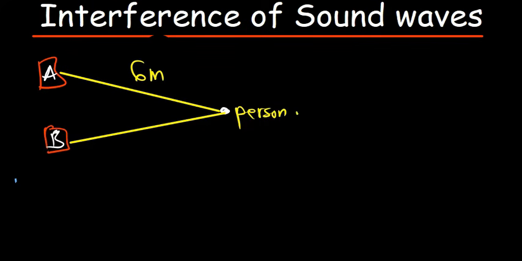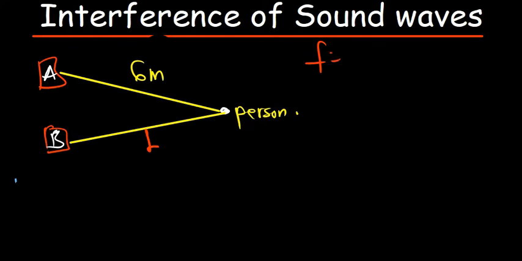So now the question is, what must be L? Let me put L here. What must be L for a destructive interference to occur? Let's assume you will always be given the frequency.